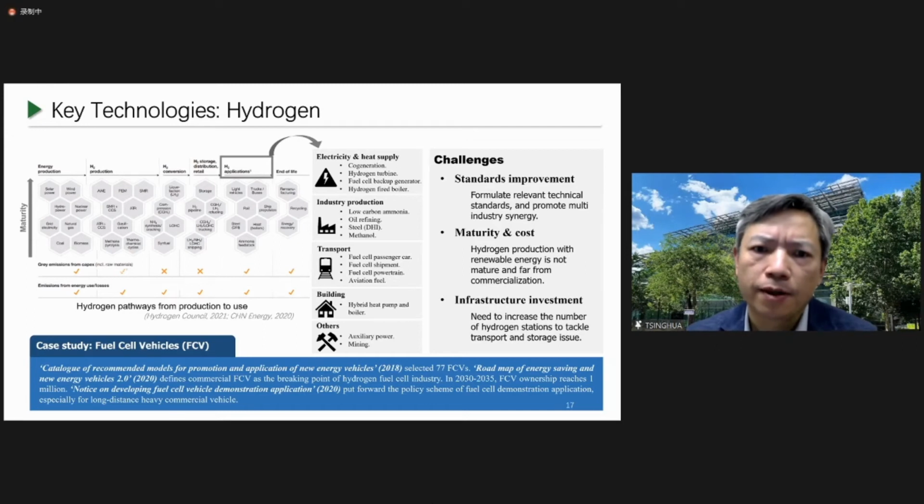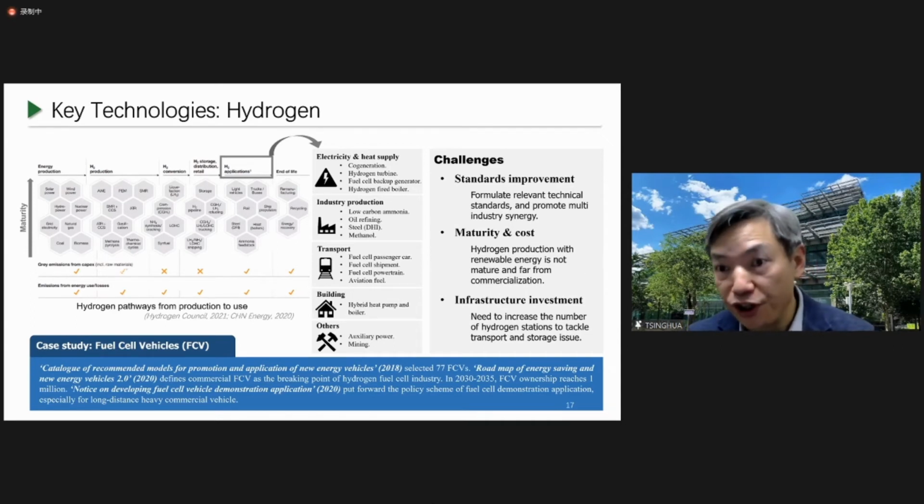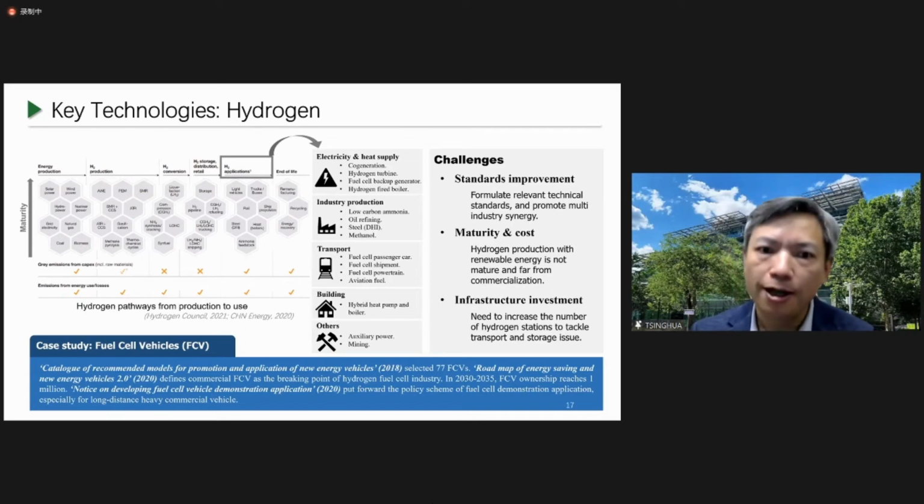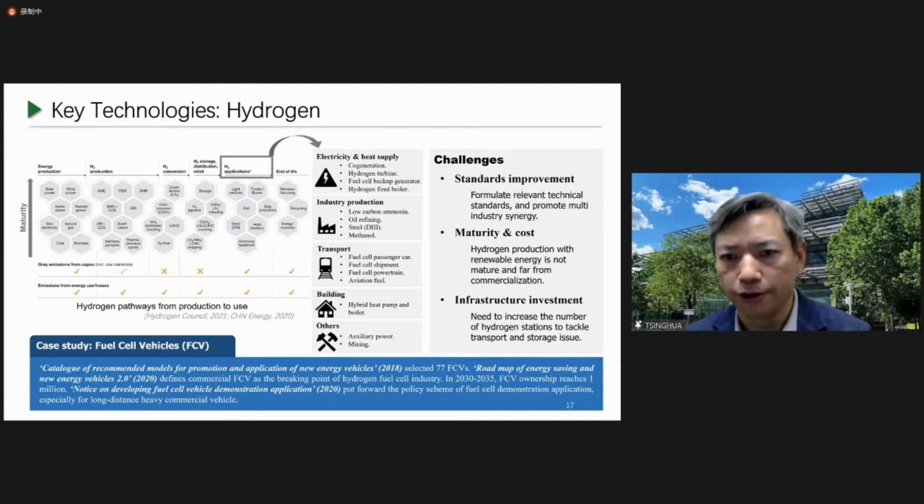Furthermore, the widespread adoption of hydrogen in China will require both modifications to existing infrastructure and the development of new infrastructure to distribute these fuels to the end users, including hydrogen pipelines, refueling stations for hydrogen, for example, large-scale storage facilities, and terminals at the ports.